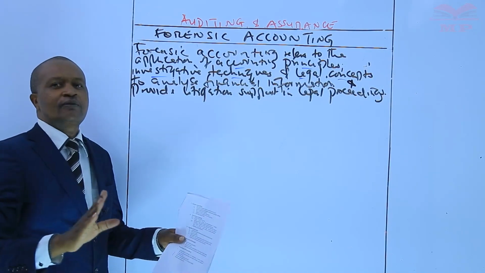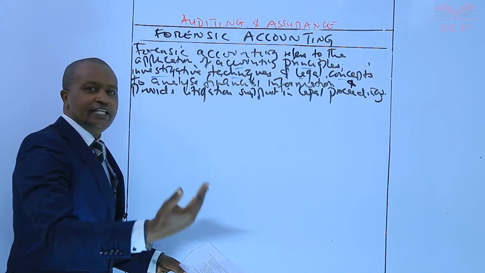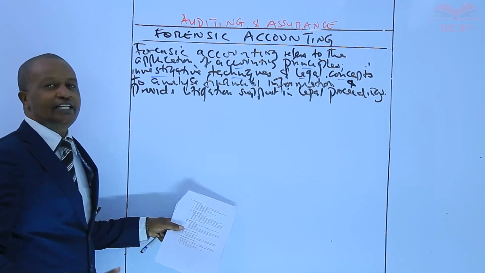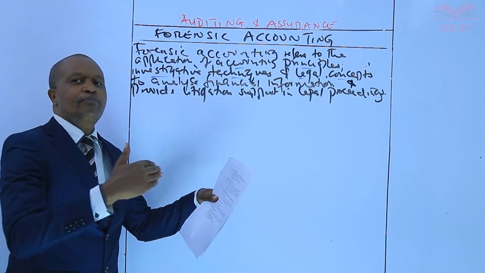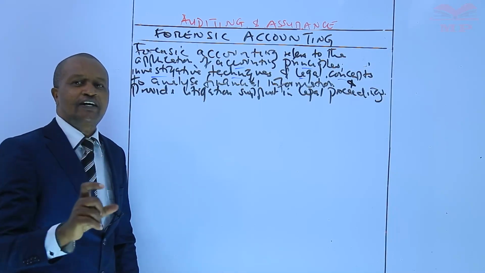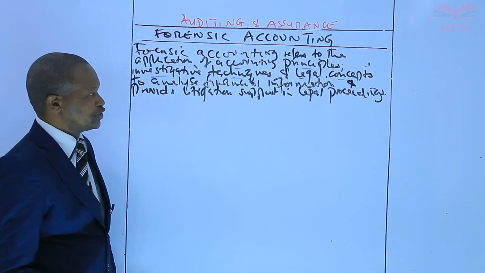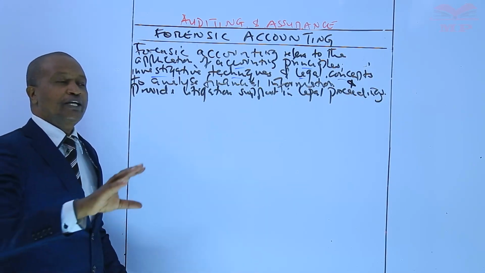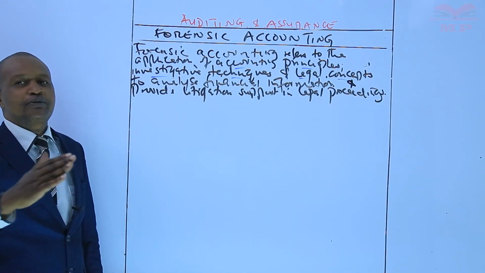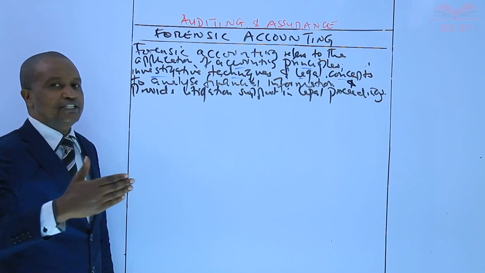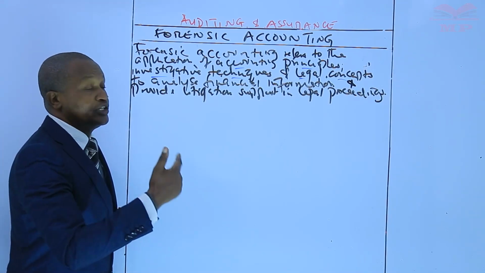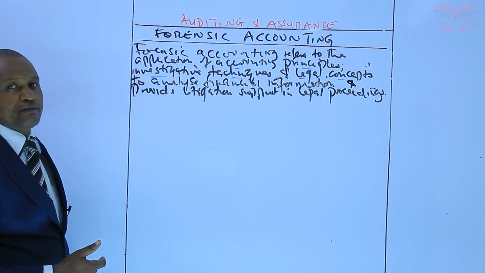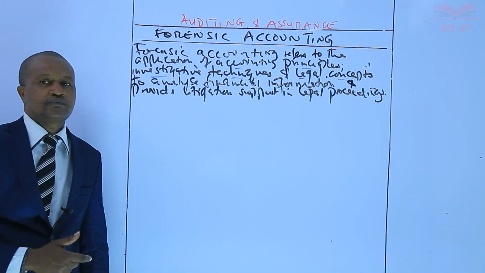It involves the use of accounting skills and specialized investigative methodologies to uncover and document financial irregularities, evaluate economic damages, and present findings in a manner that is admissible in legal proceedings.